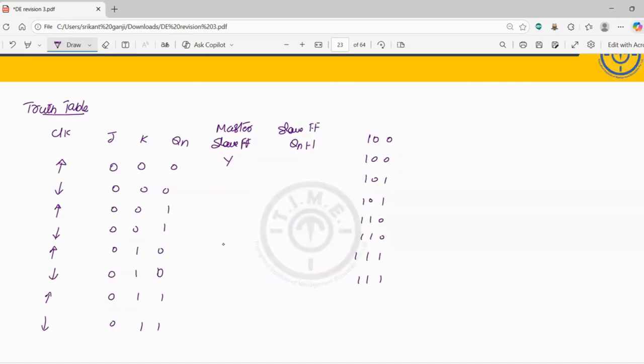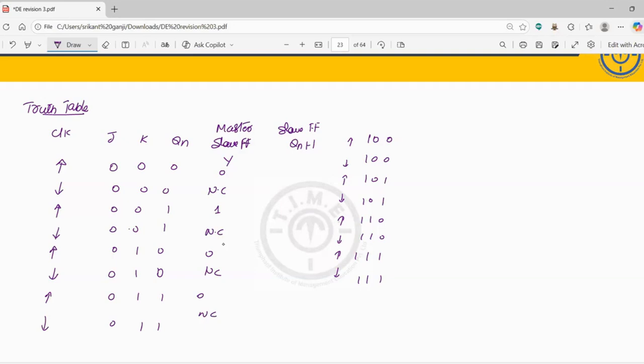For these two types of edge triggering, 0 0 means no change, and again it is 0 0, so I can say that it is no change, no change, like that. You can apply the positive clock to the master and the negative clock to the slave.